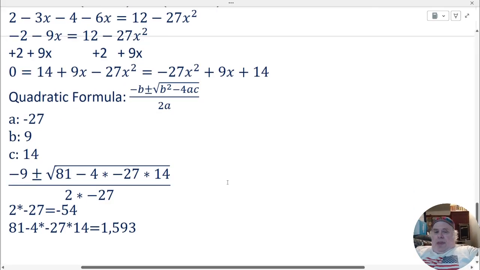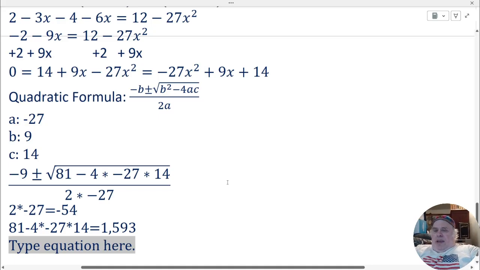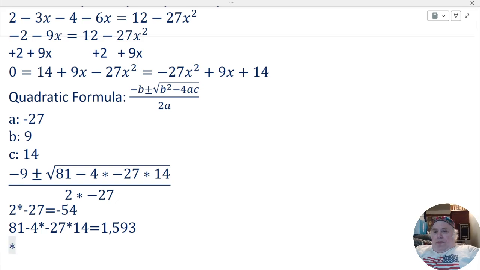So my answer, this formula is going to give me, I'm going to break this up into a plus or minus. So we're going to start with minus 9.